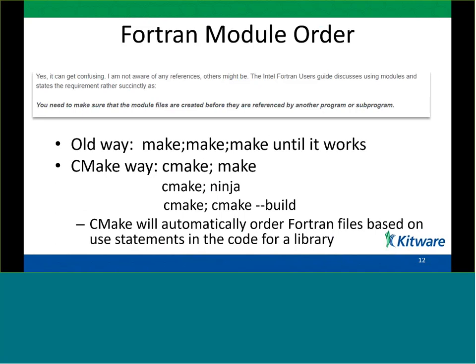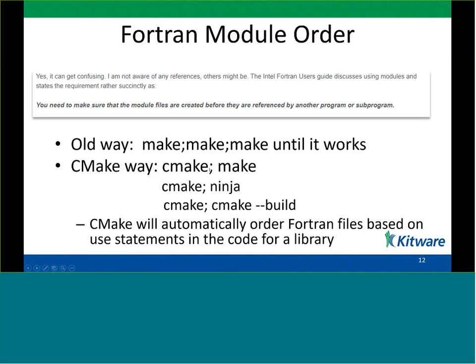So Fortran module order is a difficult thing for build systems to get right. This is from the Intel Fortran User's Guide: you need to make sure the module files are created before they are referenced by another program or subprogram. Okay, well, how do you do that? I've heard that the old way was people just typed make until it actually worked, which obviously is sort of a pain in the neck.